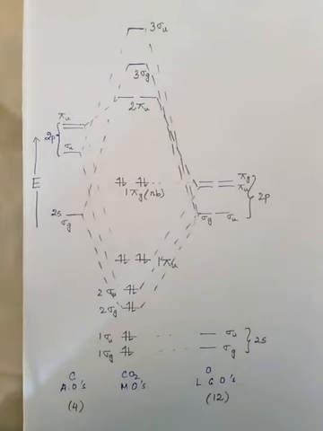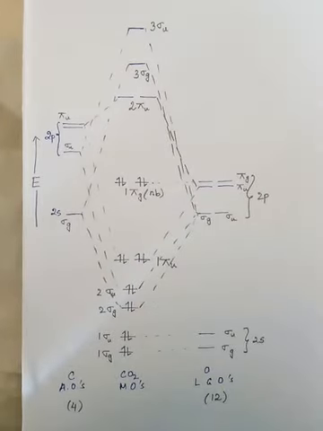Since CO2 is a linear molecule, this is comparatively easy and not too many symmetry considerations have to be carried out. If you recall, for effective overlap between atomic orbitals to give rise to molecular orbitals, two things need to match. Firstly, the energy needs to match, and secondly, the symmetry needs to match.